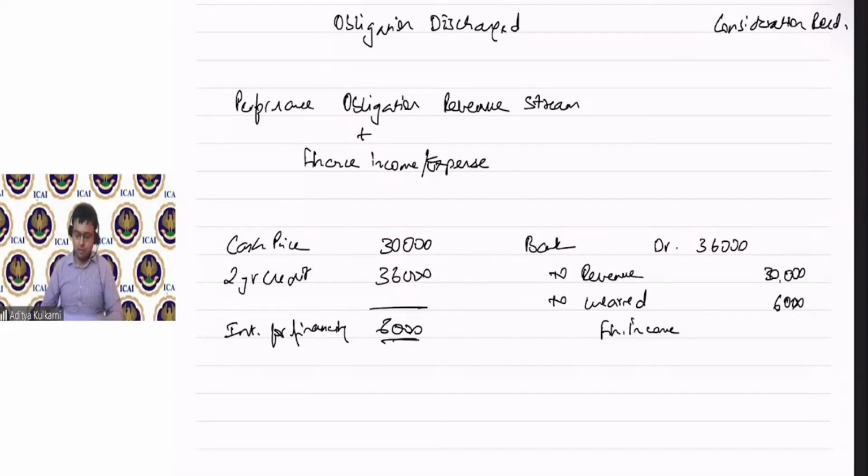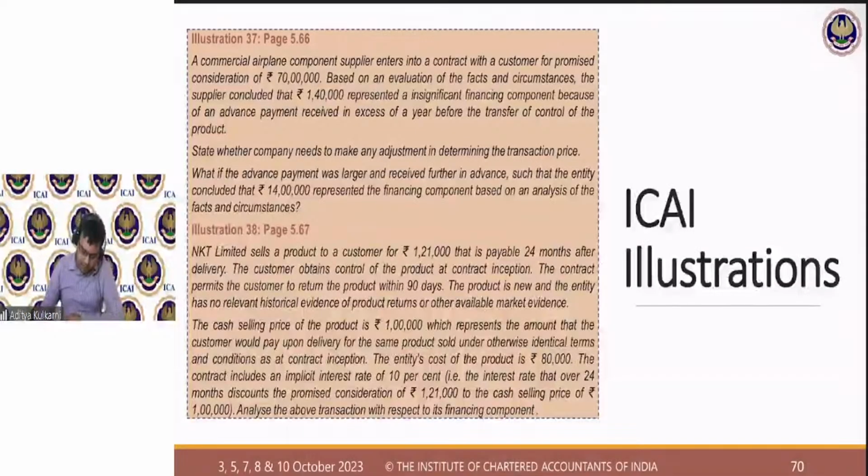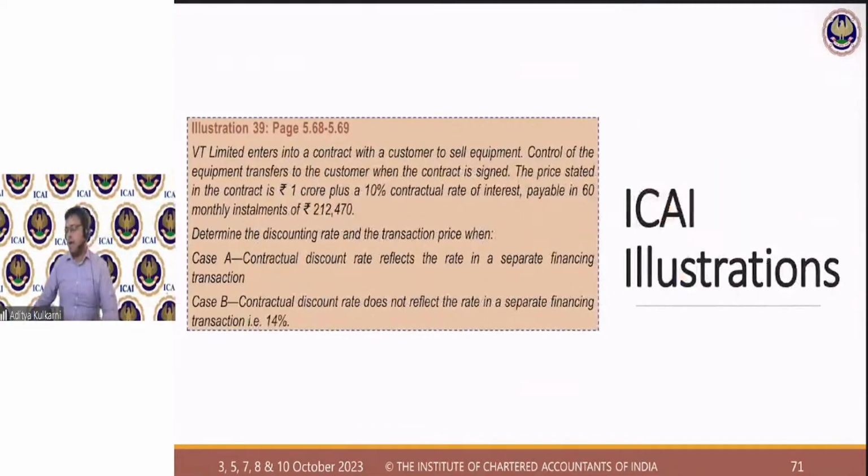Okay, now we'll pick up a small question on this. Rest all questions you will be doing, but I'll be doing a couple of questions that deal with financing in the core, so then you can understand. VT Limited enters into a contract with a customer to sell equipment. Control of the equipment transfers when the contract is signed.